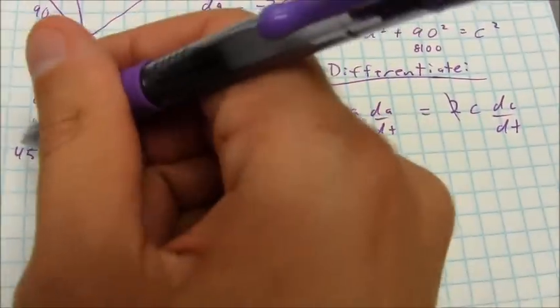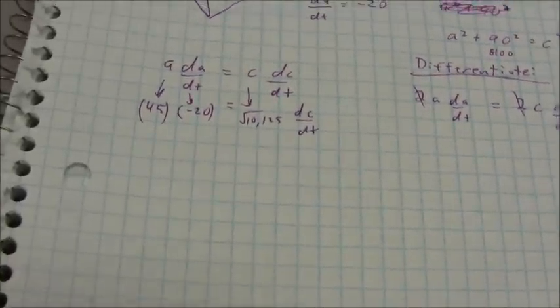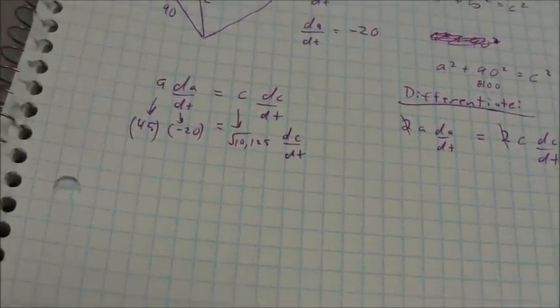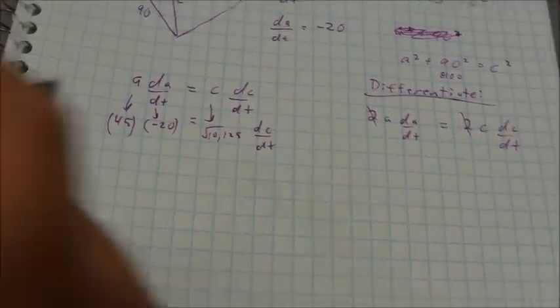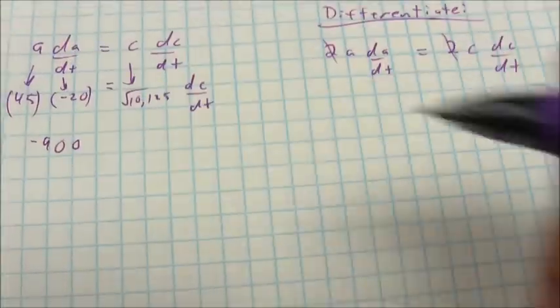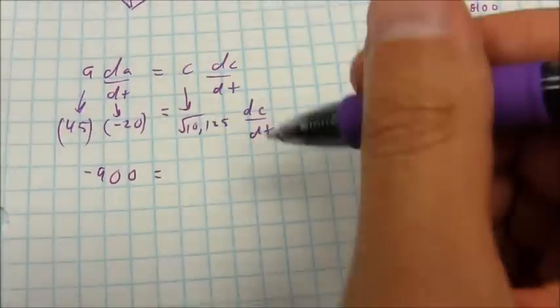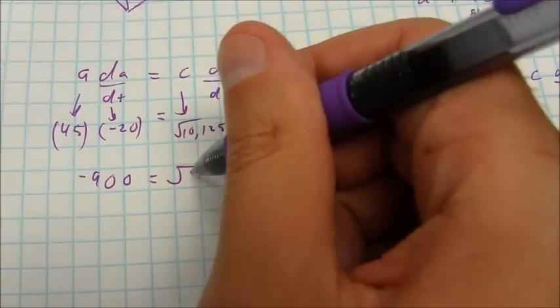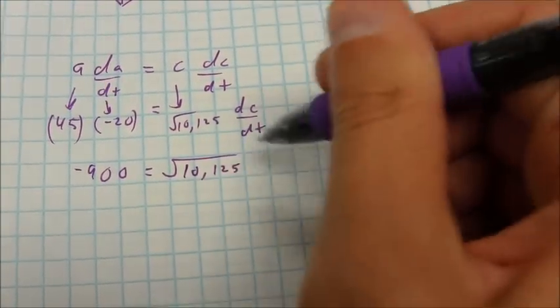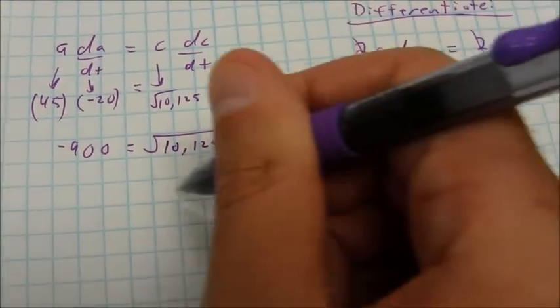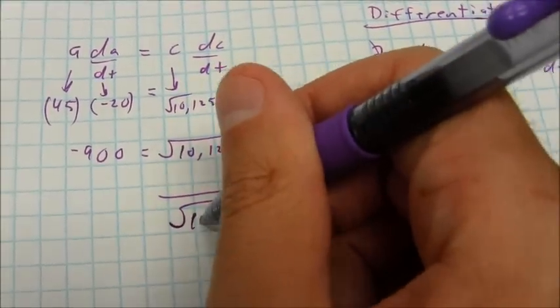And anyway, I should be able to solve now. I'm going to end up taking 45 times that negative 20. That is negative 900. That is equal to this radical 10,125 times dC/dt. I can divide both sides by that value.